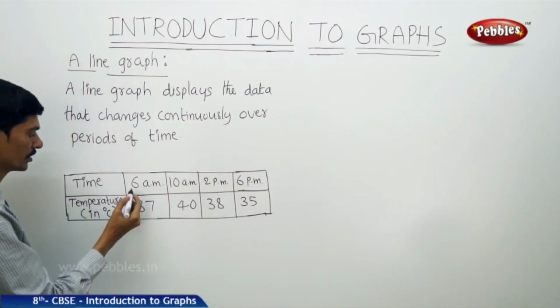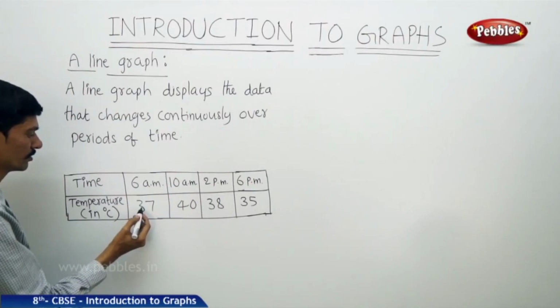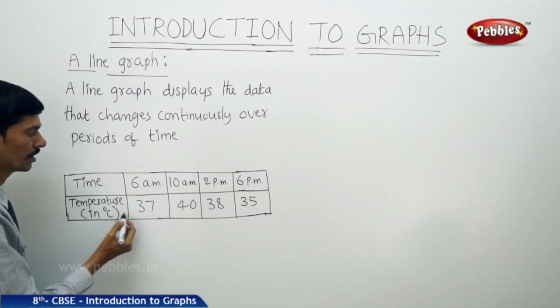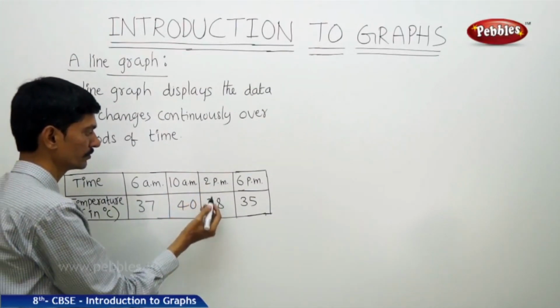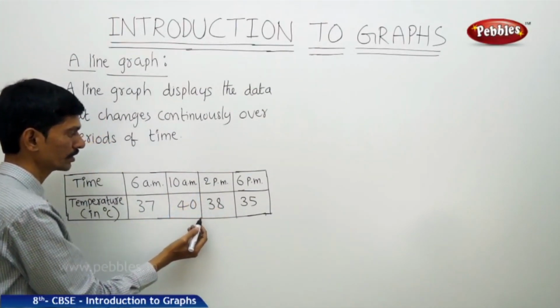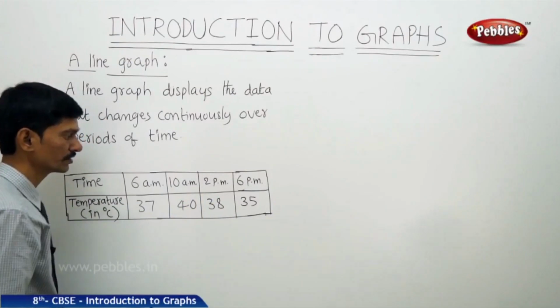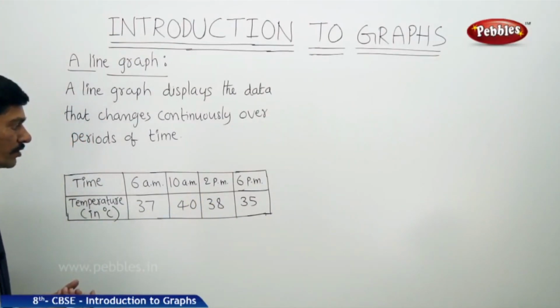At 6 am her temperature was 37 degrees centigrade, at 10 am 40 degrees, at 2 pm 38 degrees, and at 6 pm 35 degrees centigrade.